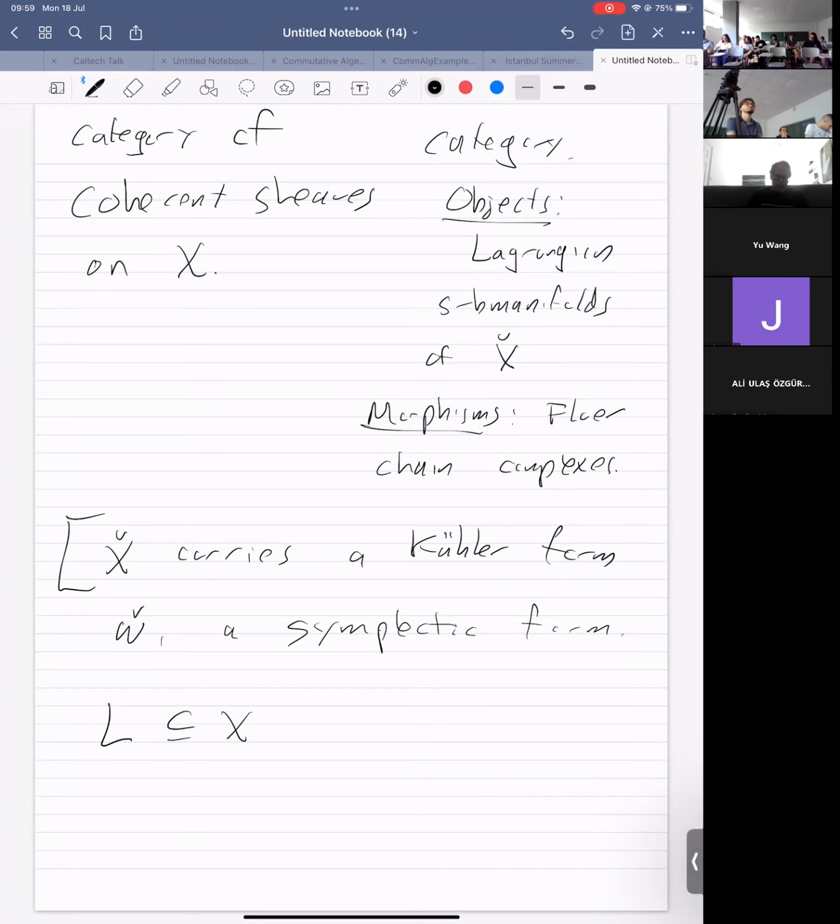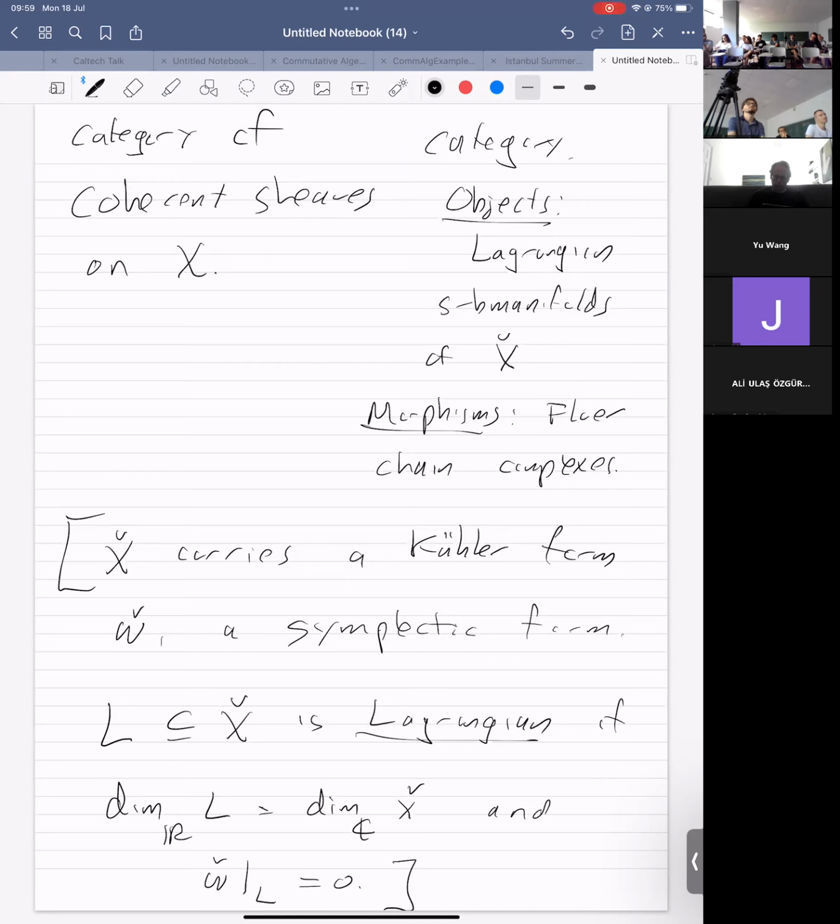And L contained in X check is Lagrangian if, first of all, the dimension of L as a real submanifold is equal to the complex dimension of X check as a complex manifold, and omega check restricted to L is 0. Okay, so those are some fundamental objects in symplectic geometry. The Floer chain complexes are complexes generated by intersection points of Lagrangians. Again, I don't want to say anything more than that.